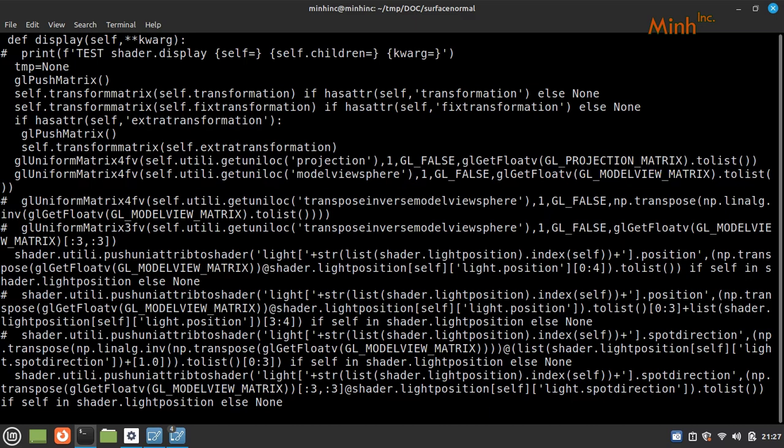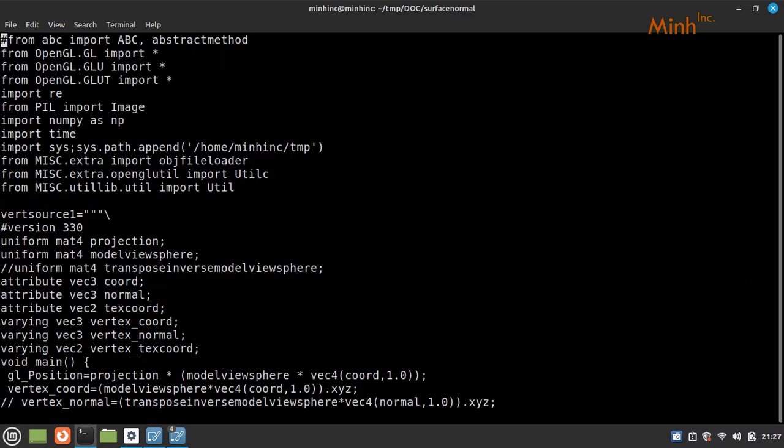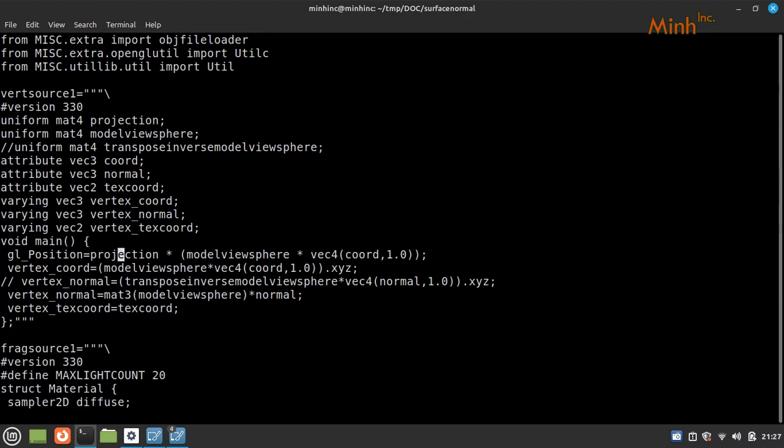This much calculation we don't need. If I have a plain model view, there are 3 things: coordinate, normal and texture coordinate. The coordinate gets transformed by the model view matrix, whereas the normal gets transformed by the transpose inverse of the model view. We don't need that. We can save a lot of CPU computation. What do we do? We just take out the top 3 rows and columns of the model view matrix to calculate the transformation on the normal.